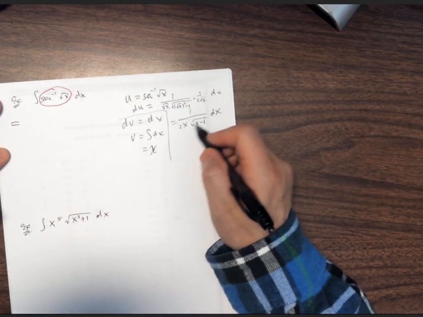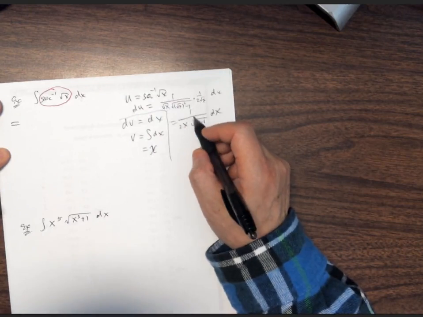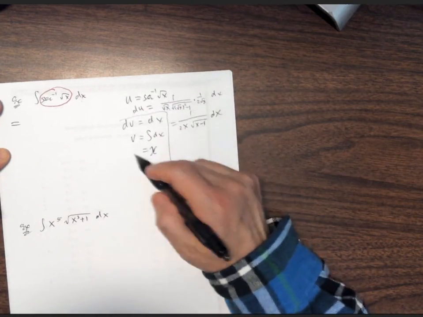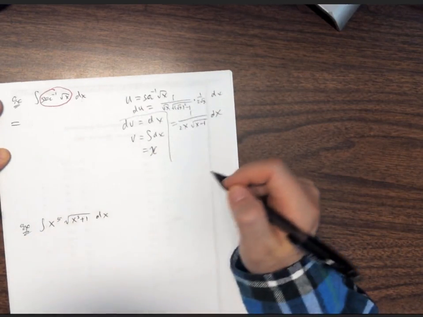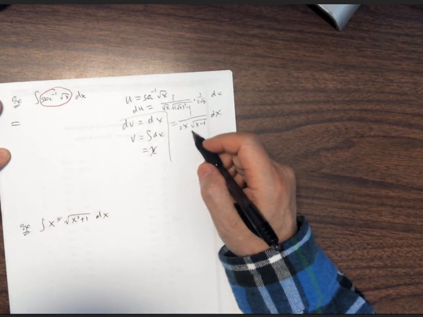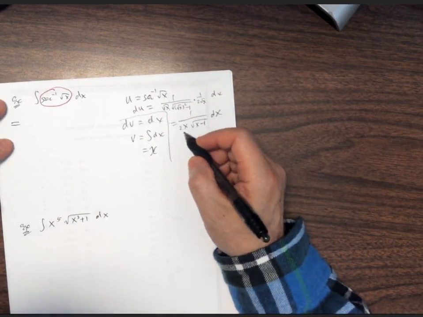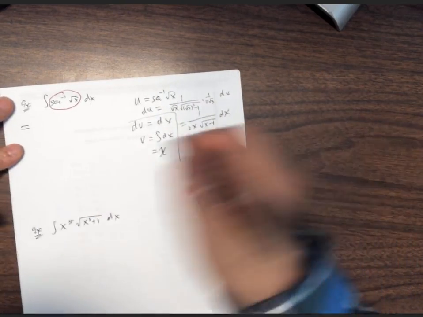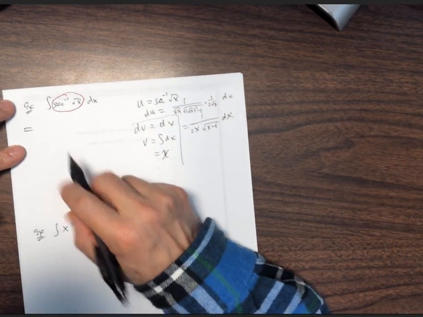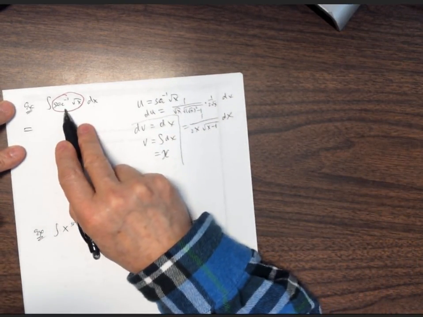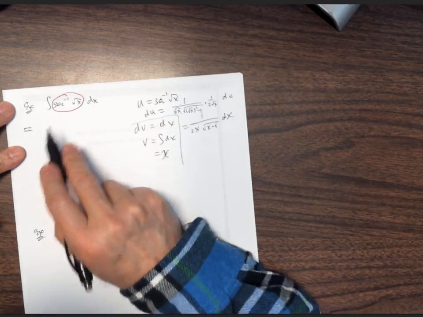Doesn't look to be simple, but when you check out everything we have in the new expression, they're simpler than inverse trig. Okay, so this was u dv. So now u times v.